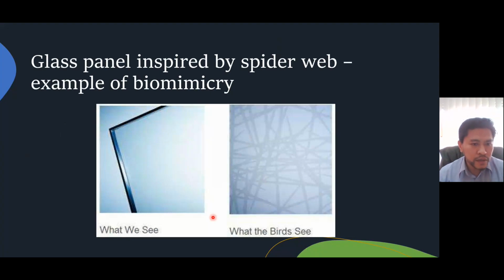So as you can see in the figure here, this is how we see the glass. We can see nothing in the glass, just a clear glass, but this is how the birds see the glass, and this will help to prevent the birds from colliding with the glass panel.